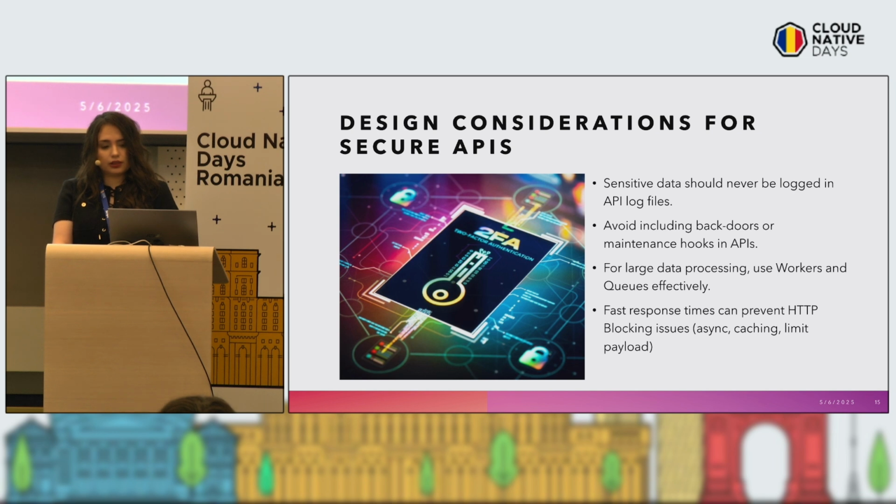Other design considerations, for example, for large data processing, use workers or queues in order to speed up the response times. We used async await not to block the interface and to improve the perceived performance, especially for those database queries or API requests that would take a longer time.